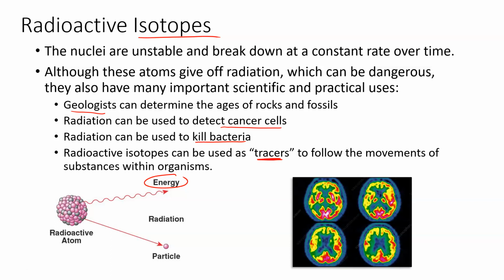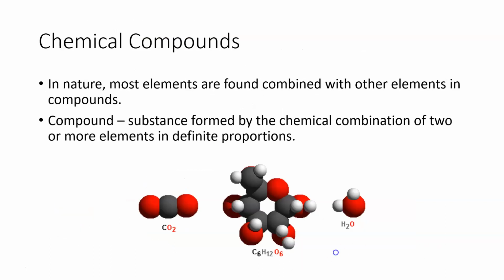So there is benefit to us within our medical and scientific context, but for the purposes of this class, just know that isotopes are radioactive and that isotopes are produced by having more than the normal amount of neutrons.